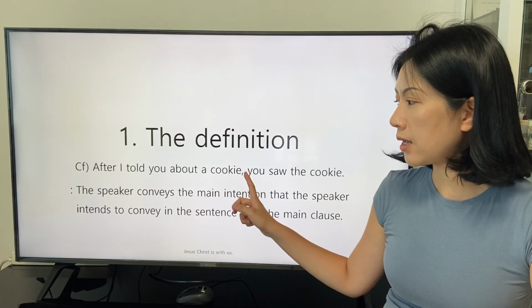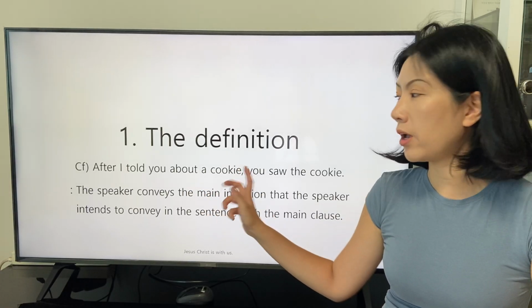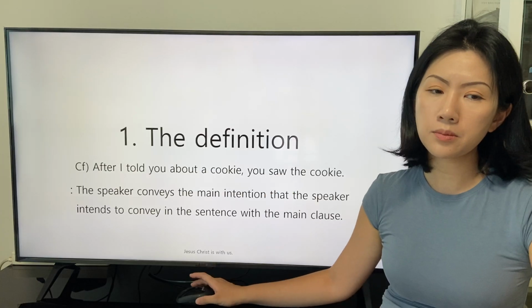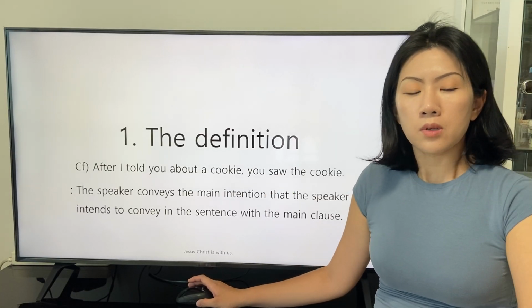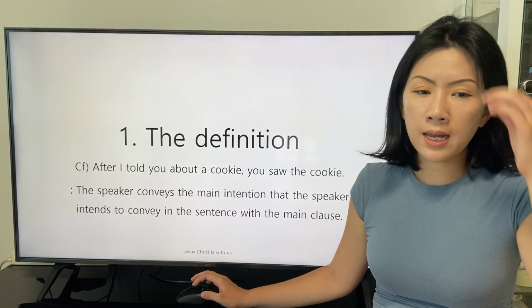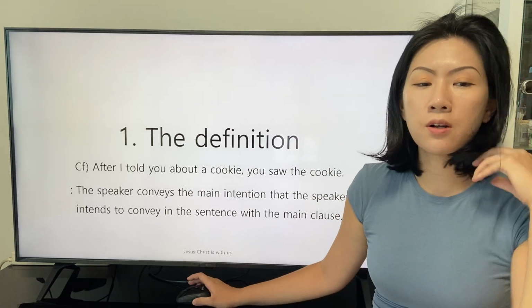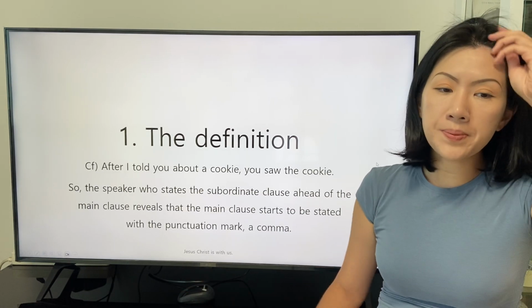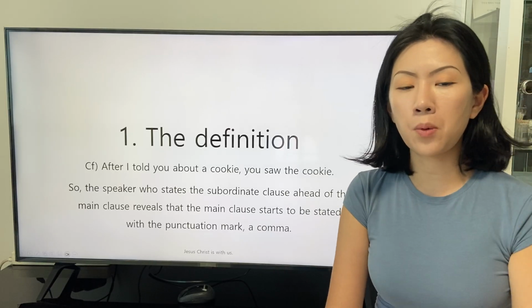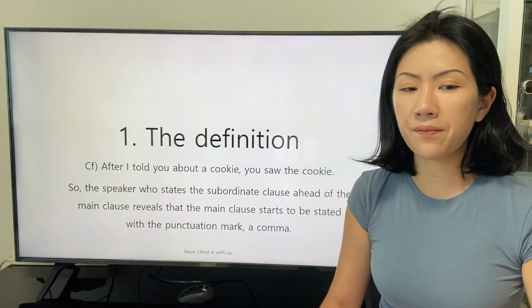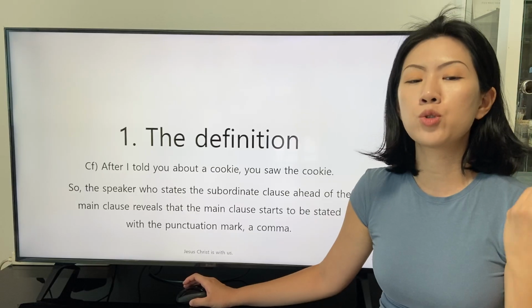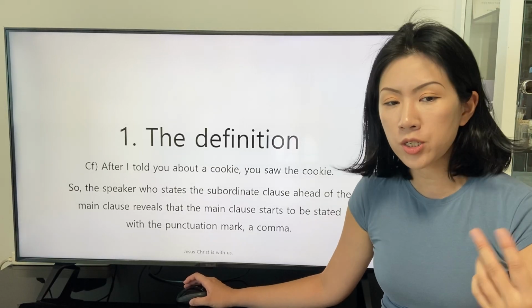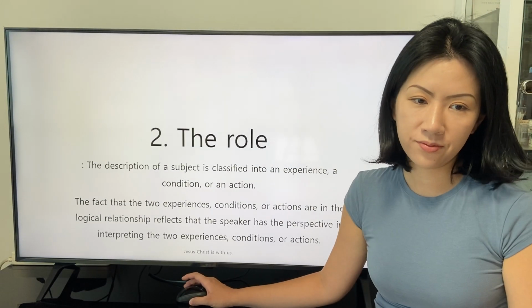This tells us that the subordinate clause is stated ahead of the main clause. The speaker conveys the main intention in the sentence with the main clause. So the speaker who states the subordinate clause ahead of the main clause reveals that the main clause starts to be stated after a punctuation mark, or comma.